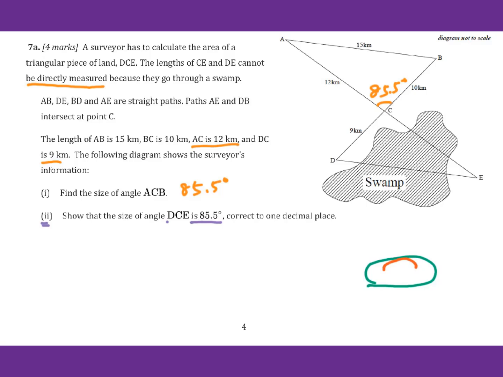For the second one, show that the size of angle DCE is 85.5 degrees, correct to 1 decimal place. According to this diagram, you could say angle ACB equals angle DCE because they are vertical angles.